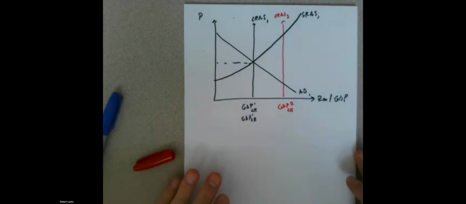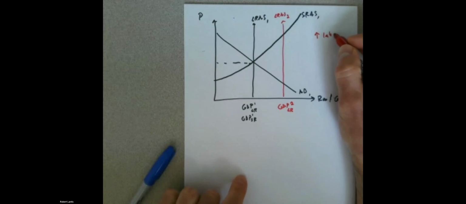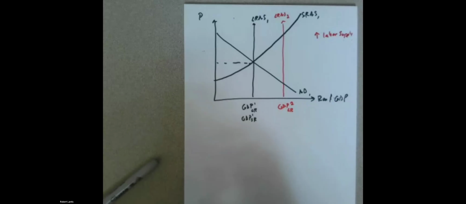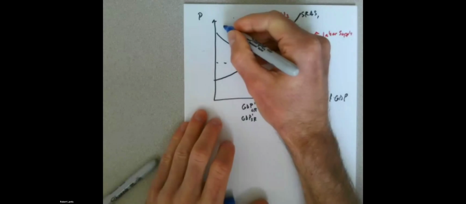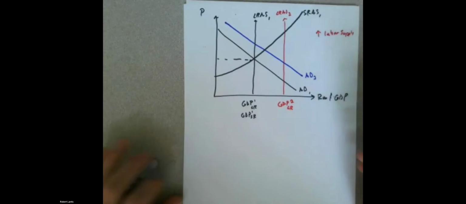So if at the same time we saw one of these factors of pull increase, so maybe we saw an increase in our labor supply. If that's a larger change than what we see from an increase in aggregate demand, right? So maybe here we have the government increasing their spending, right?